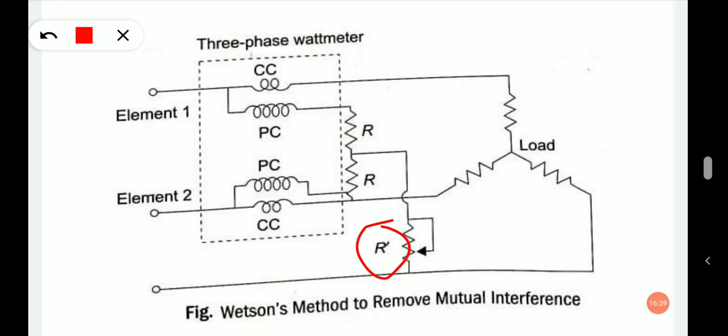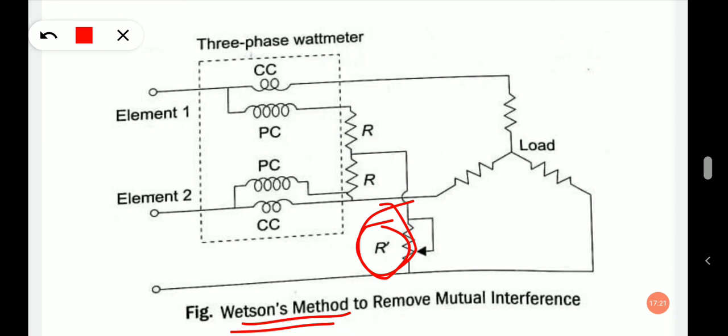And why eliminate this? Because of mutual interference between the two elements, there may occur some errors in the reading of the wattmeter. To eliminate this effect, the elements are shielded from each other by using a laminated iron shield. This is another method, that is Watson's method, in which the value of resistance R can be adjusted as per the requirement.